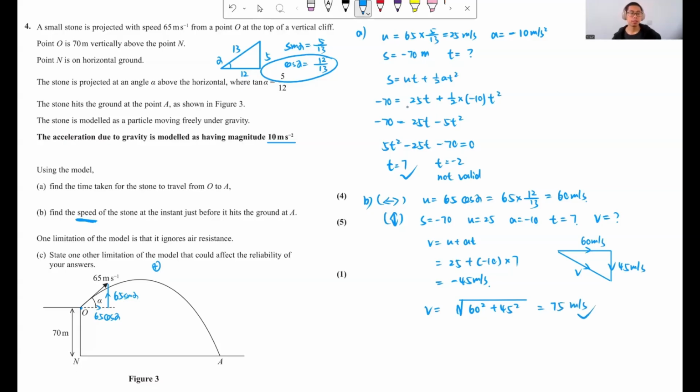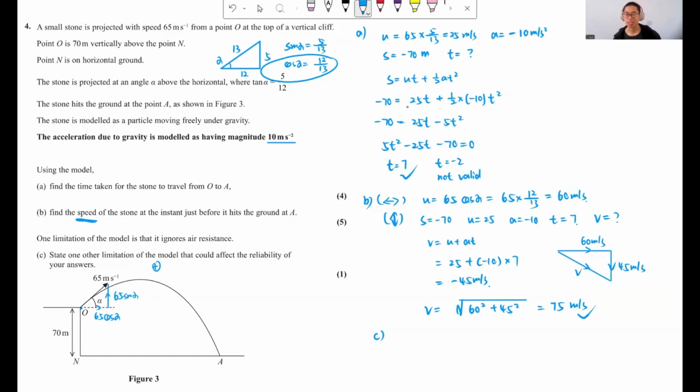That's it. And then for part C, one limitation of the model is that it ignores air resistance. We want to state one other limitation of the model that could affect the reliability of your answers.